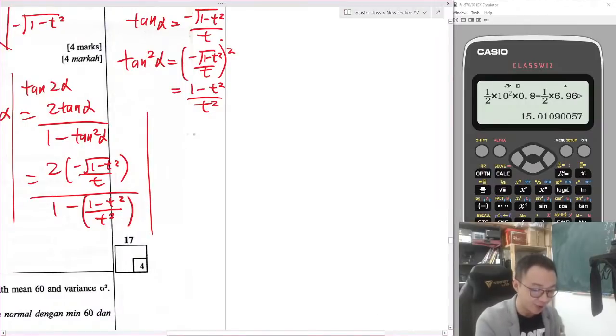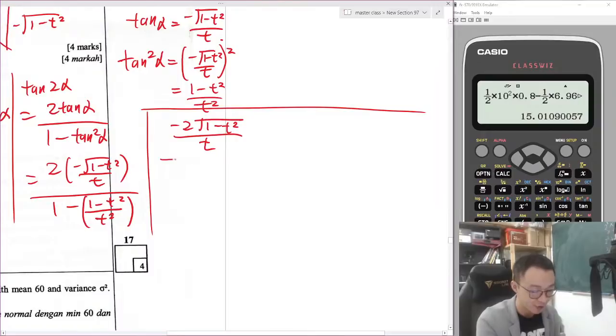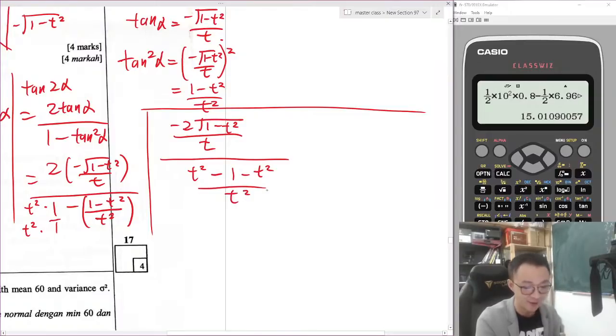Alright, so top is just negative 2 square root of 1 minus t squared over t, over this one over 1, right? Times t squared over t squared. So this one should be t squared minus 1 minus t squared, over t squared.